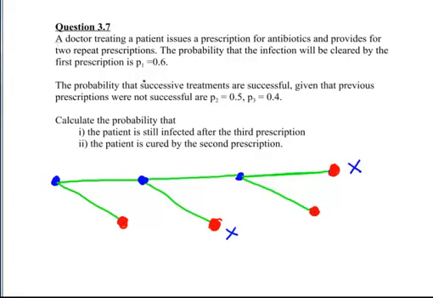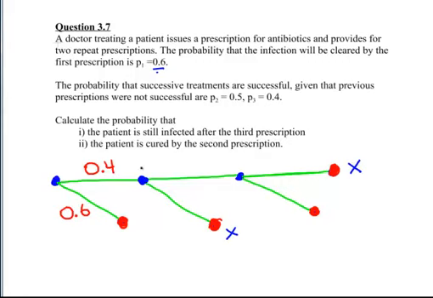Now, we were told here that the probability that the infection will be cleared by the first prescription is 0.6. So this is the first treatment, and this node here indicates success, and the probability of being along this node here is 0.6. Necessarily, the probability of being up here is 0.4, so the treatment was not successful. 1 minus 0.6 gives us 0.4. So we get to treatment 2.